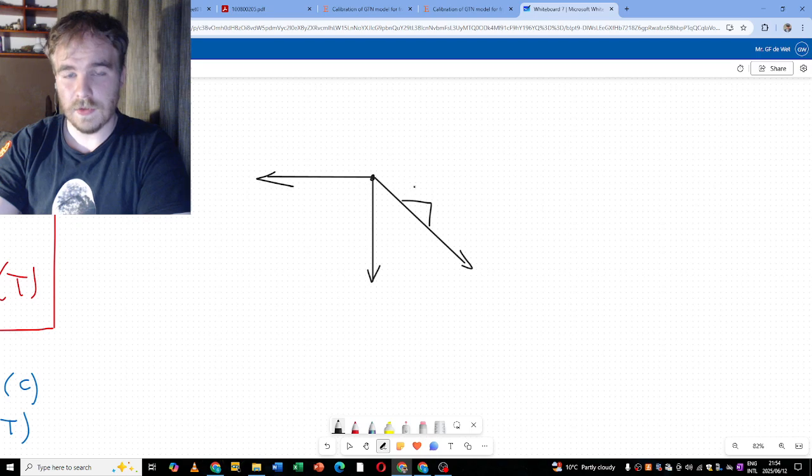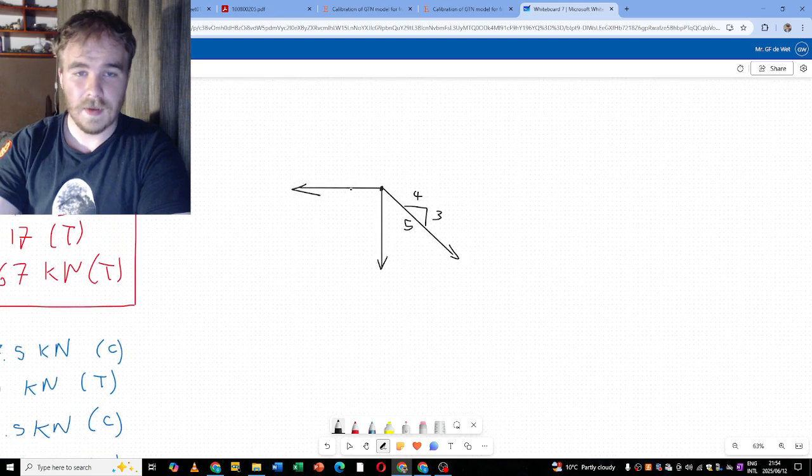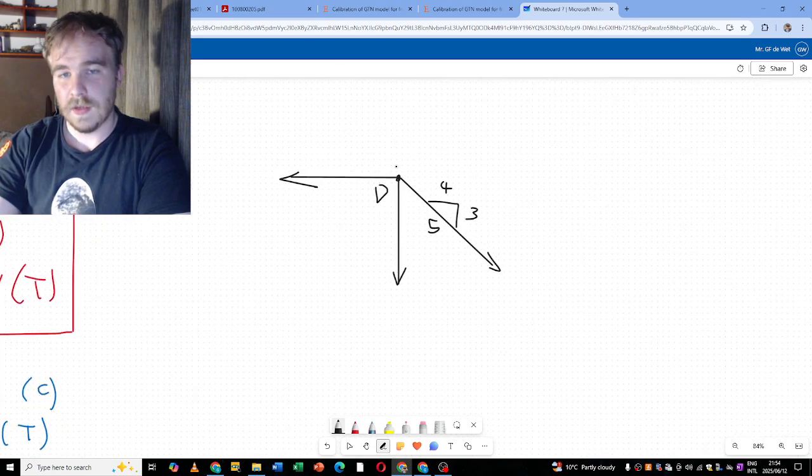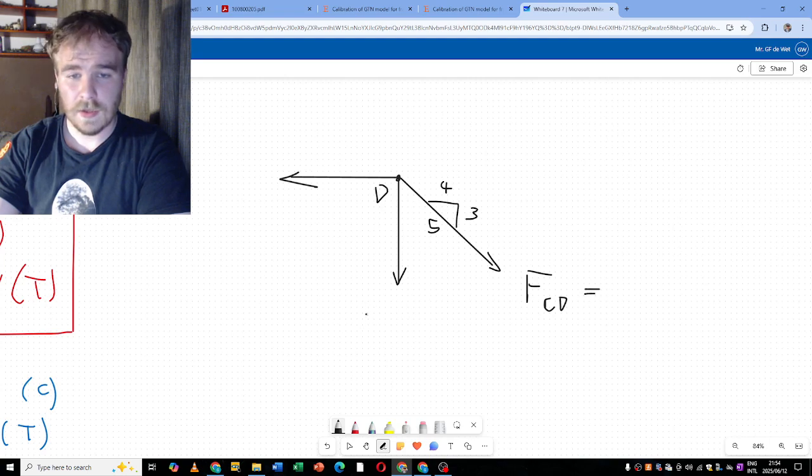And this is a little triangle, 4 in the x direction, 3 in the y, and 5 in total length. And this is point D. This is then FCD, which we calculated. This should be FDH. And this one should be FDG.